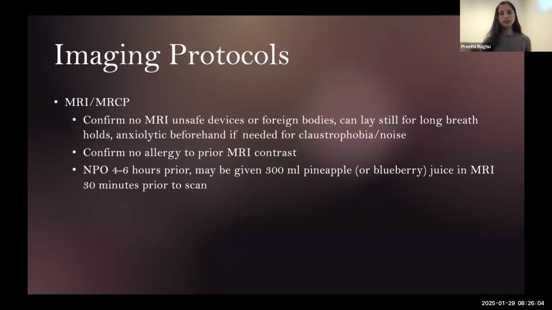And the reason that the image typically looks like the one I showed you earlier, where there's nothing that's bright on the MRCP images other than the bile ducts, is because of these two things. The first is the NPO status, so that there's not a lot of fluid and material in the stomach and proximal small bowel. But the second reason is that we typically give them 300 cc's of pineapple juice in the MRI scanner 30 minutes prior to the scan.